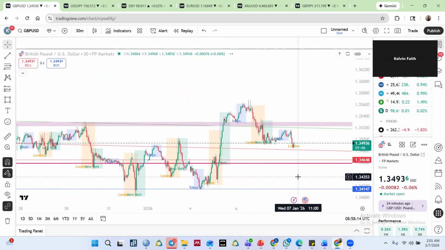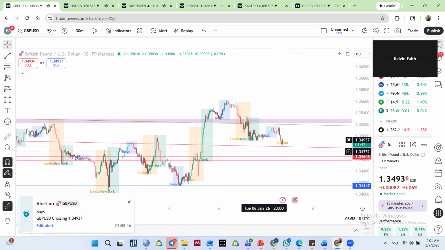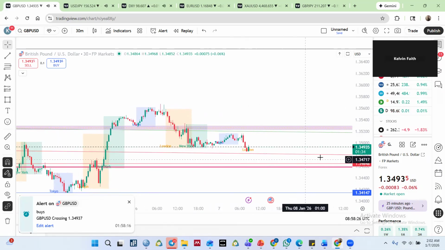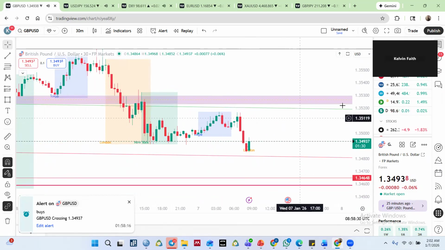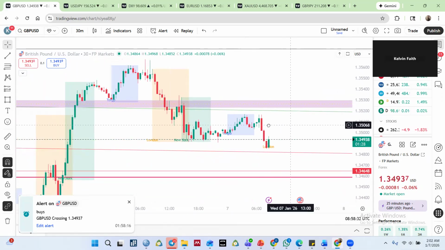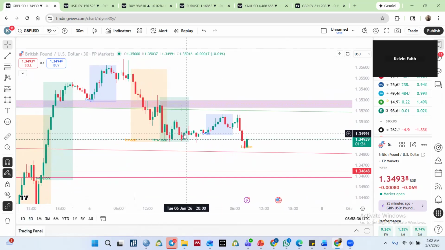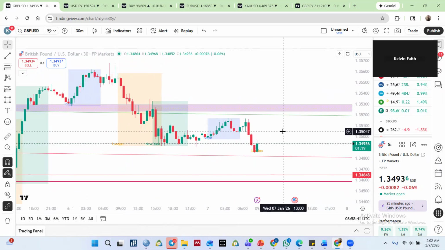Put an alert there for buys. And let's see how it's gonna go. Okay. So I need this area to fail to be used as resistance. Once it fails, I'll be good.